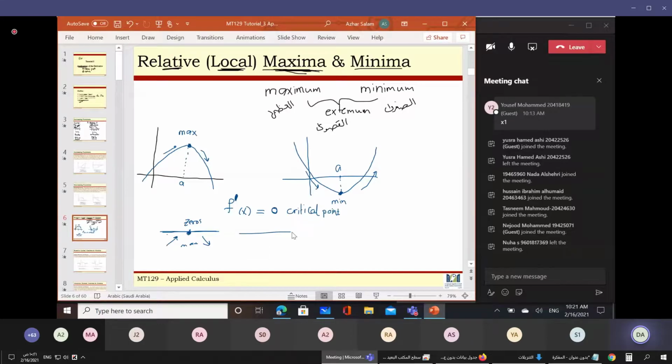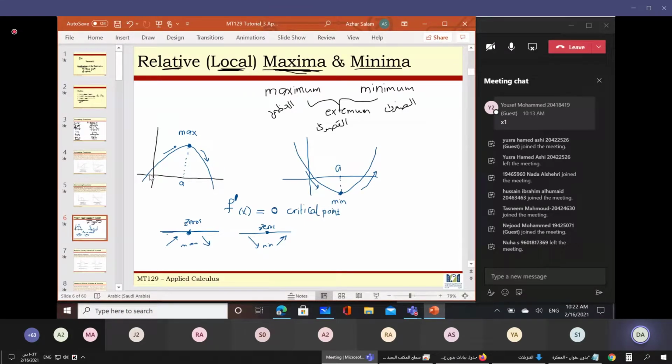But if I have the opposite, if here I have the zero or the critical point, and it's decreasing on the left, then increasing on the right, then this zero is a minimum. This is the test, the first derivative test or rule, to find the maximum and the minimum point.